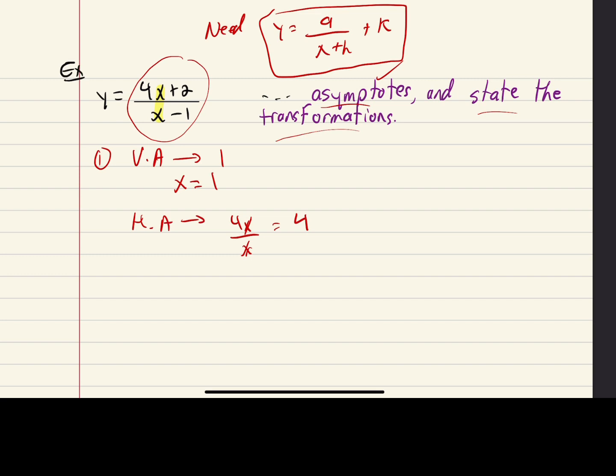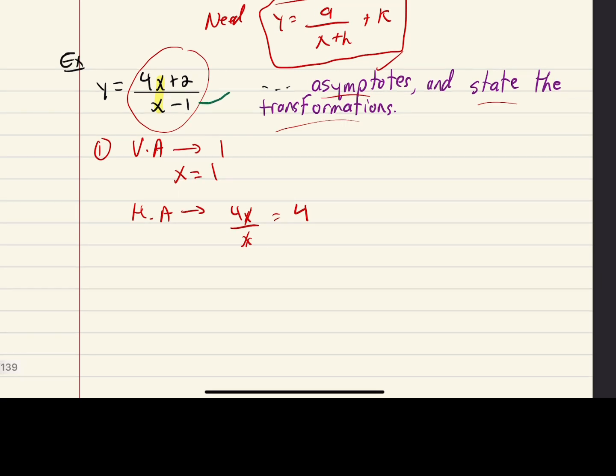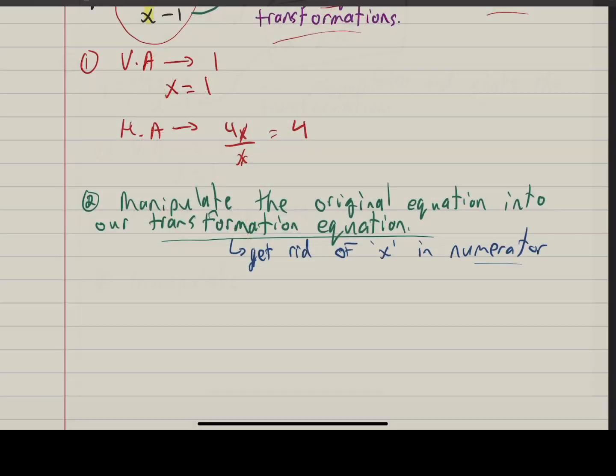So what we're going to have to do is manipulate this equation into this, as a second part to this question, so that it is the proper equation. And what we really mean by that is that we need to get rid of the x in the numerator.